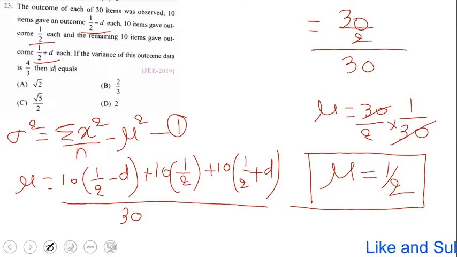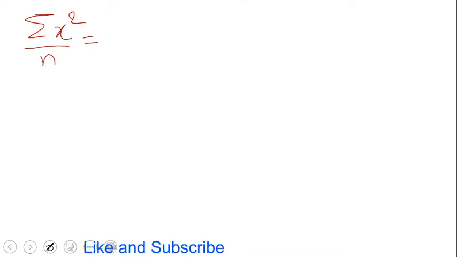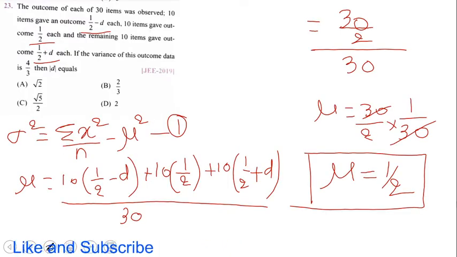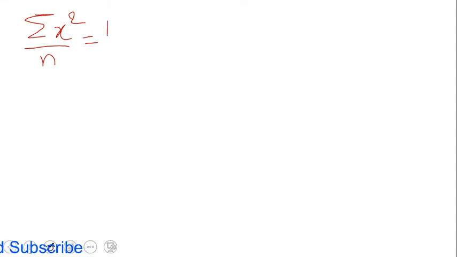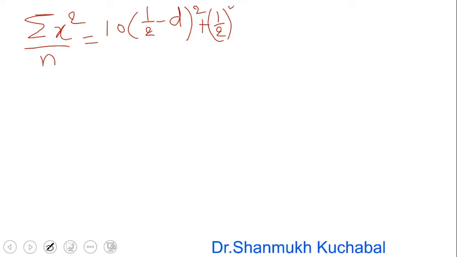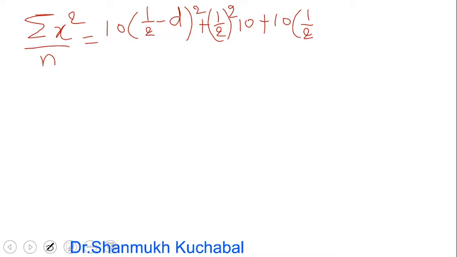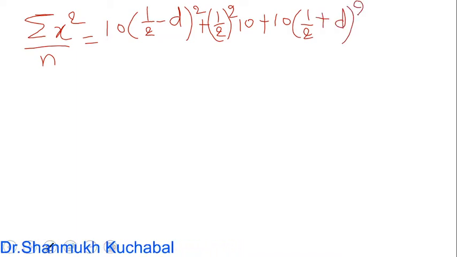Further we will find the summation of x^2 divided by n. Just we have to take a square here: 10 times (1/2 - d)^2 plus 10 times (1/2)^2, plus 10 times (1/2 + d)^2. In the mu term, there is no d, just we have to take a square of that.